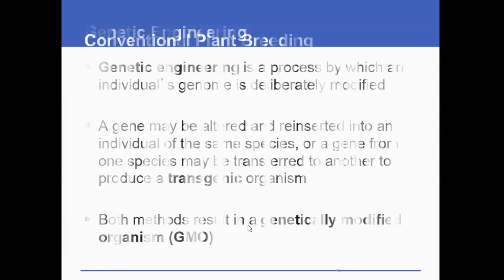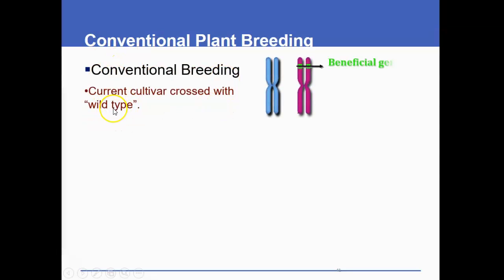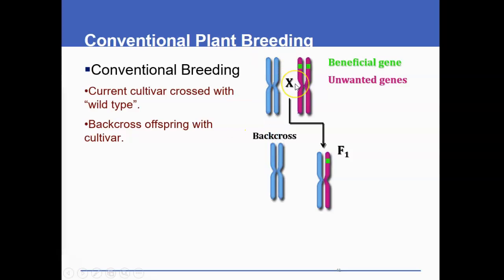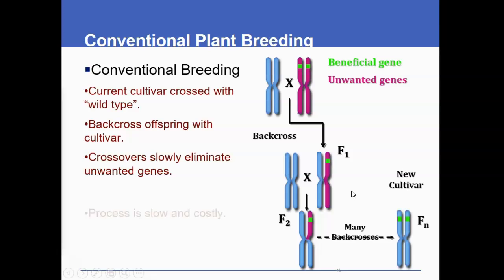And it's really important to understand how the food that we eat came to be from conventional breeding, which took wild type plants, in this case, but also animals, and bred together the ones that had the beneficial genes, the beneficial traits, and continued to cross them until you develop the plant or animal that has the characteristics that you want.